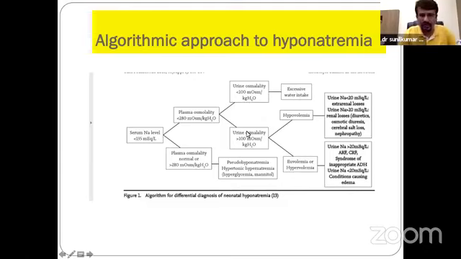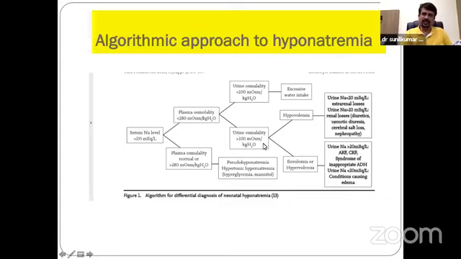If the urine concentration is high, or urine osmolality is more than 100 milliosmoles per kg of water, and it is associated with hypovolemia, reduced volume, that can be because of salt and water depletion. It can be renal or extra renal. How to differentiate is based on urine sodium. If it is less than 20, it is extra renal. If it is more than 20, it will be renal loss.